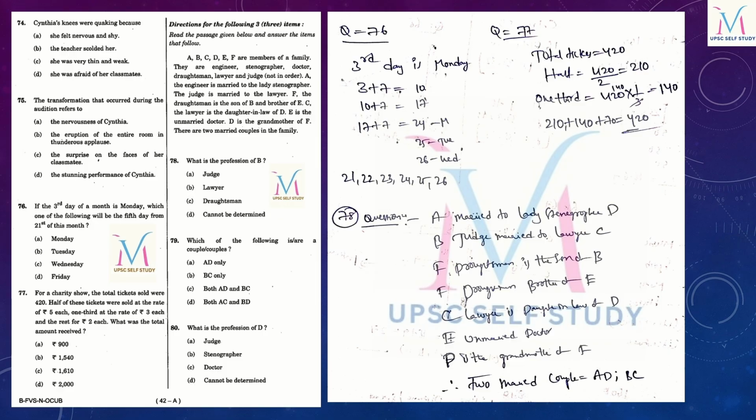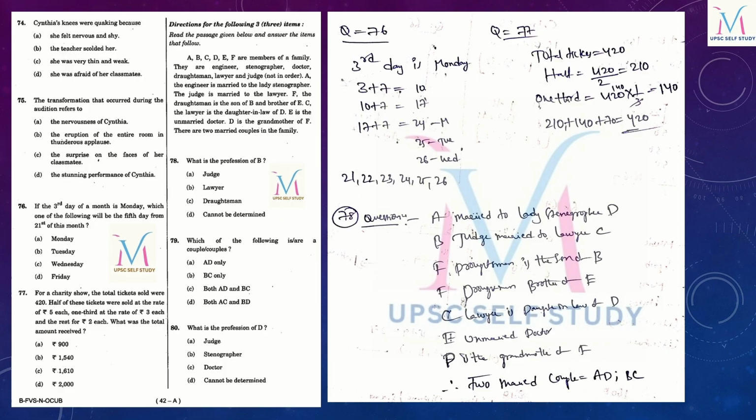Now this question is a little confusing. I have explained in the solution box very clearly. Coming to this, A is married to a lady stenographer. Lady stenographer is D. Next, B is married to lawyer C. And F will be the draughtsman.